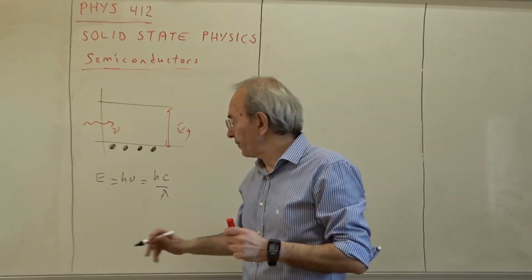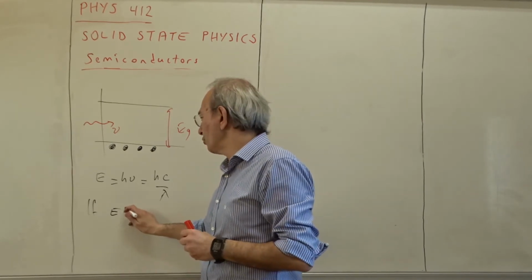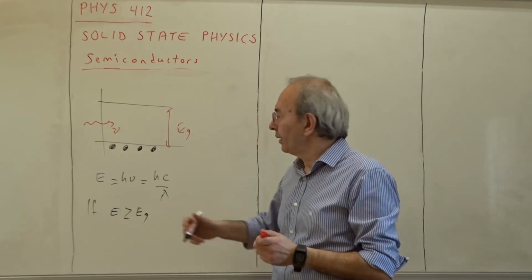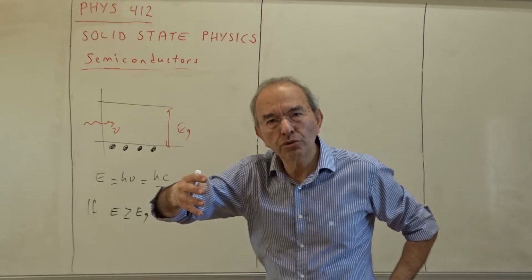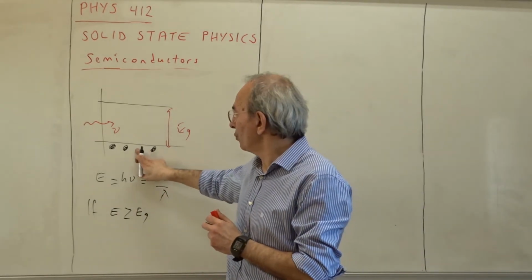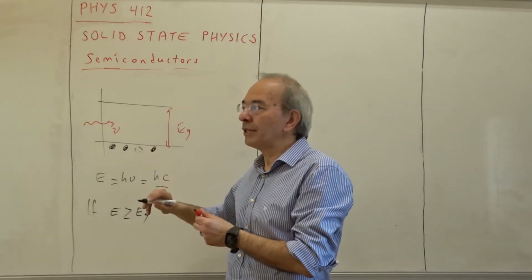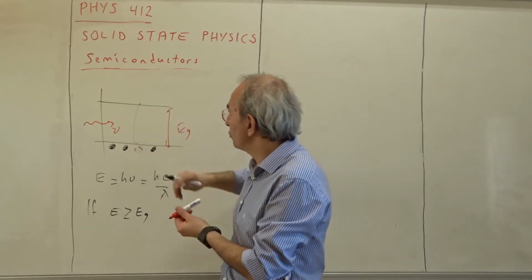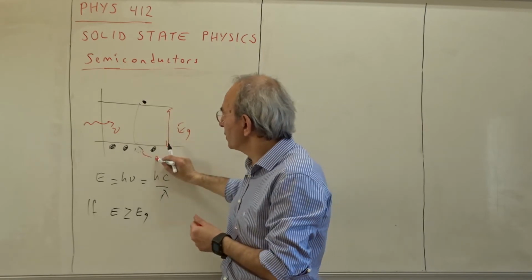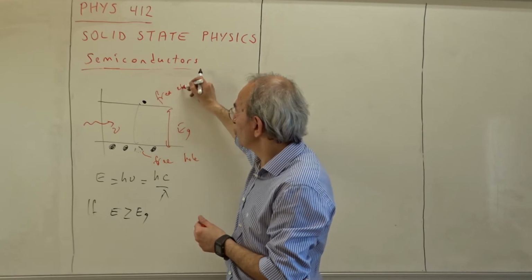If this E is a bit larger than the band gap, then these photons are able to excite some electrons from the valence band, leaving behind an empty place, a free hole, and the electron is excited to the conduction band as a free electron.